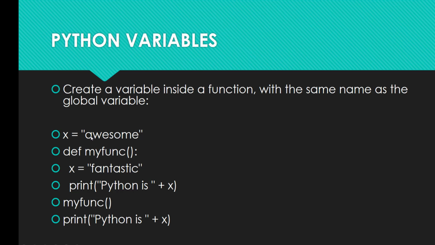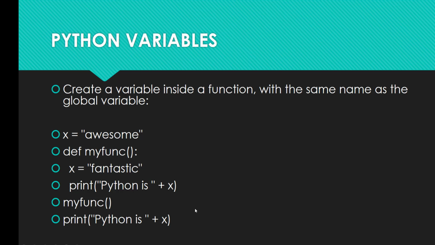So as you can see in this example, the global variable created was the string called "awesome," and within the function, the same variable was changed locally to "fantastic." But when we print out "Python is," you will see that these two statements will be different to prove that the value that was created for x within the function didn't change the global value of x.